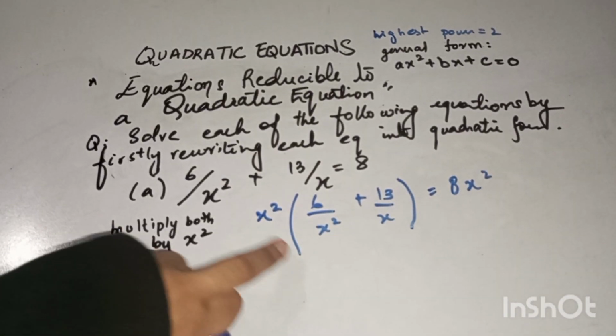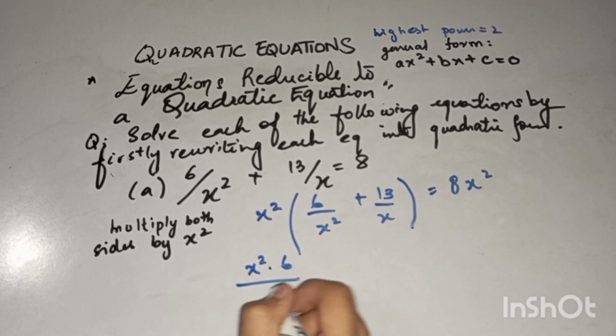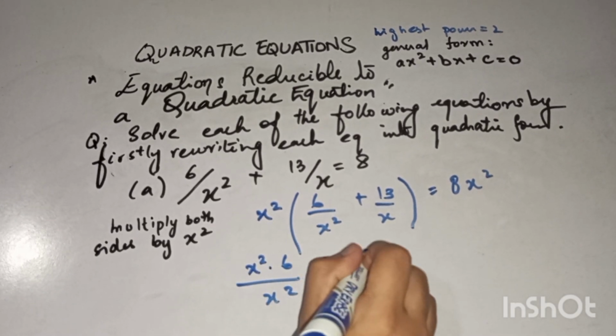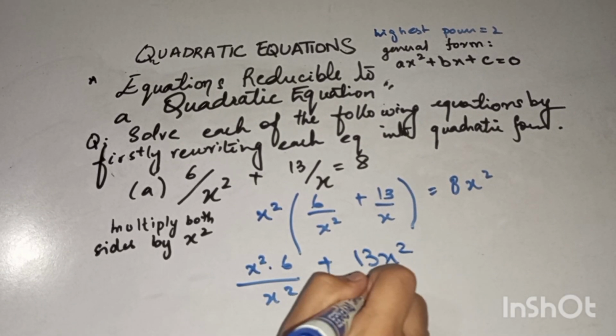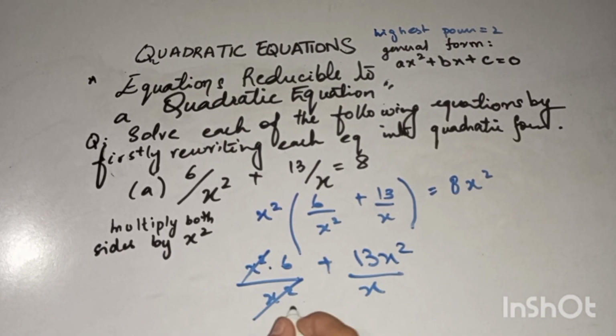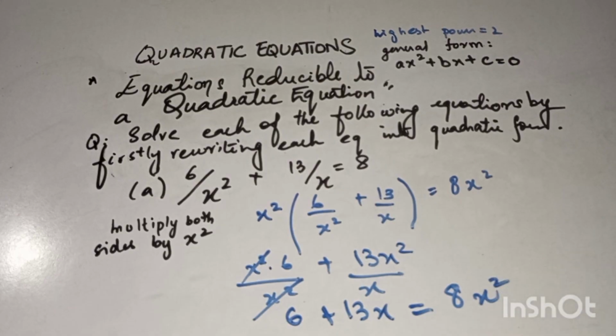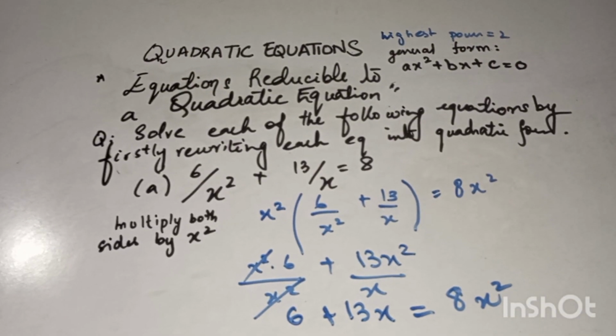So when you multiply x square by x square, x square cancels, you get 6 here and you get 13x equals 8x square. What do we do next?